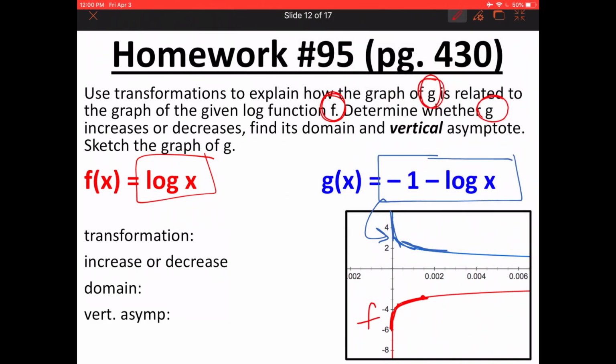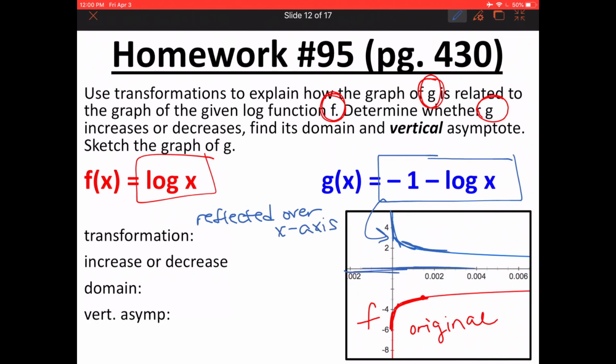So let's see the transformation. If f is my original, what has happened with g? Okay, so I think an obvious one is that it's been reflected. So we would say reflected over the x-axis, right?